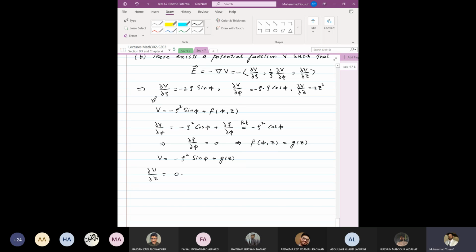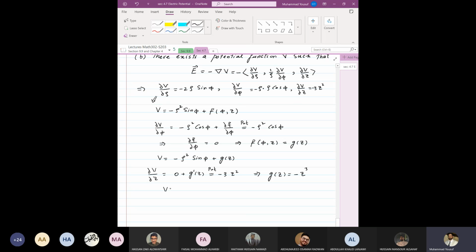So it is 0 plus g prime of z, and we put this equal to partial V by partial z, which is negative 3z squared. And when we integrate, we get g of z equal to negative z cubed.